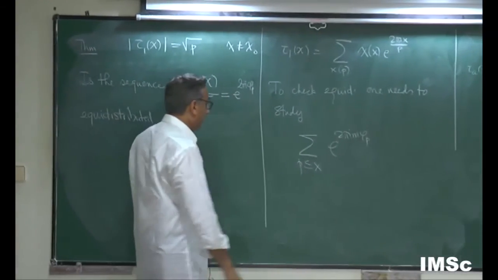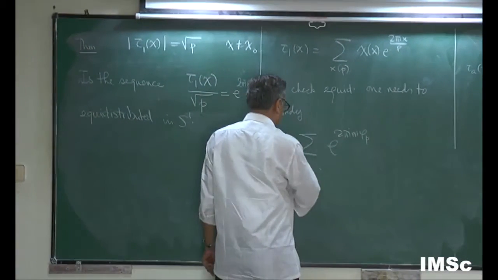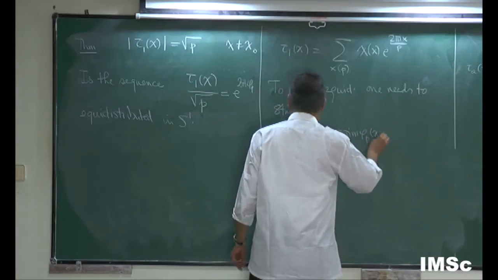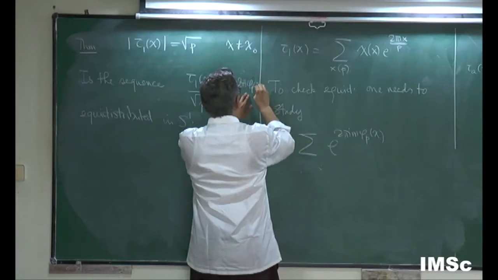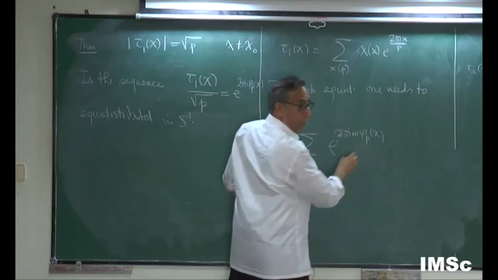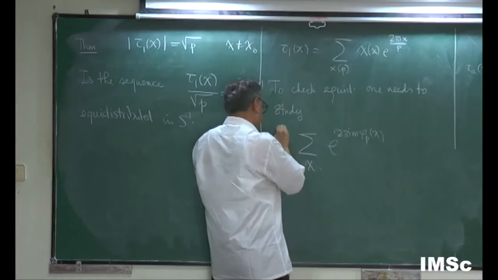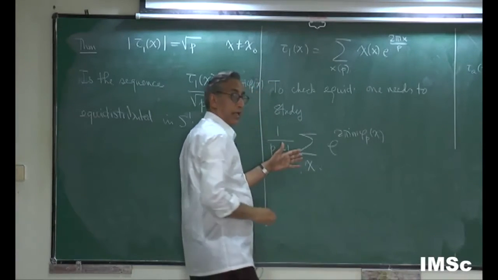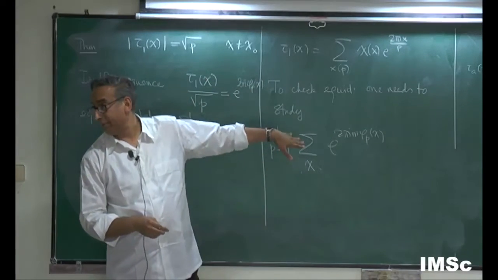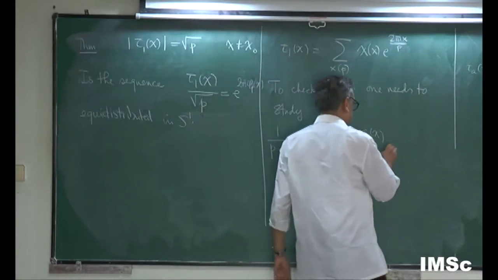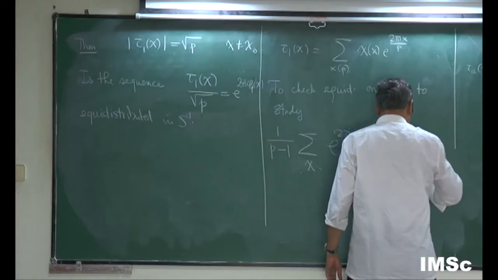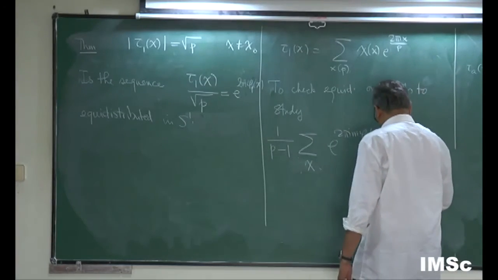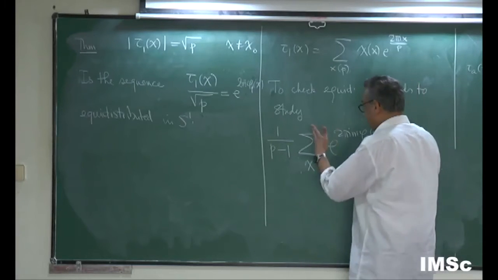And we need to show, sorry, not p less than x. I'm ranging over characters, right? So phi p of chi, I should have called this phi p of chi. So I'm ranging over the characters. So for each character chi, and then how many characters do I have? P minus 1 characters, right? I need to check that this goes to 0 as p goes to infinity for all m not 0. This is what we need to check.